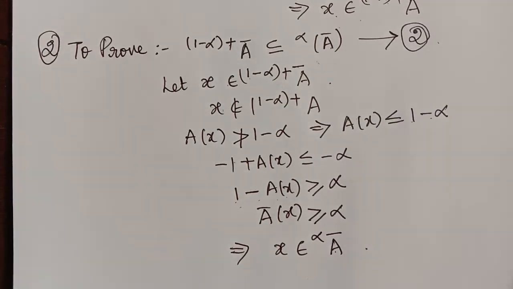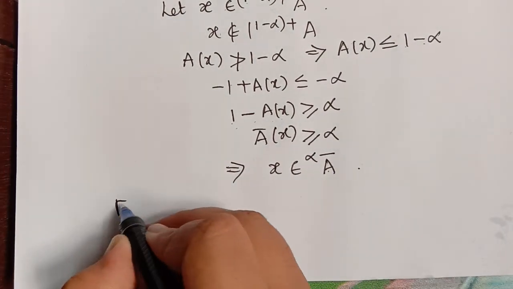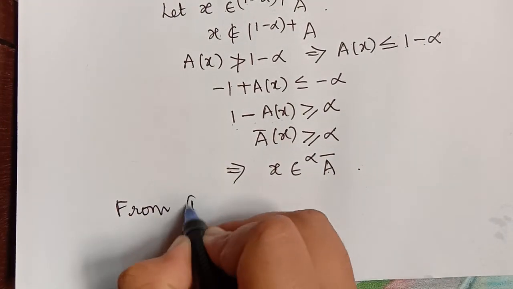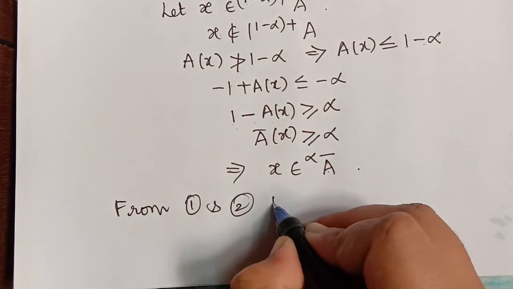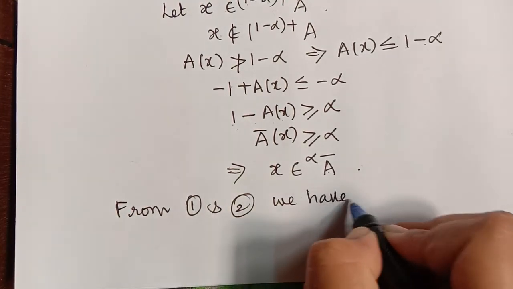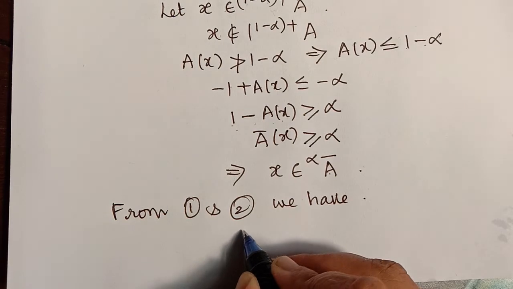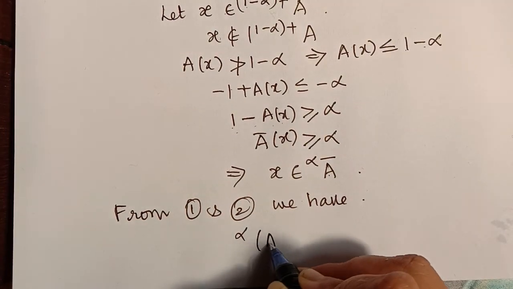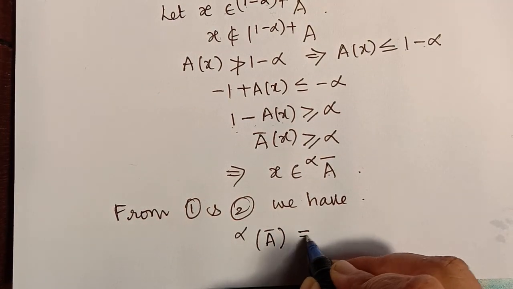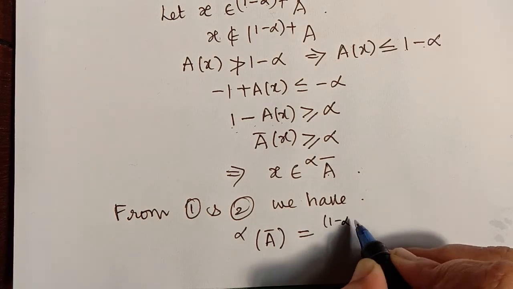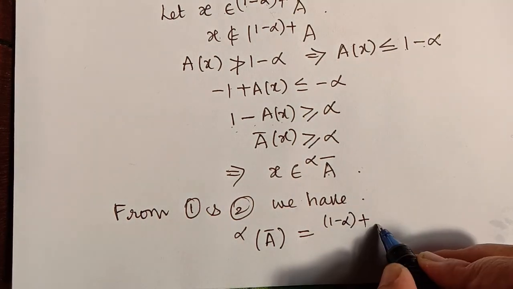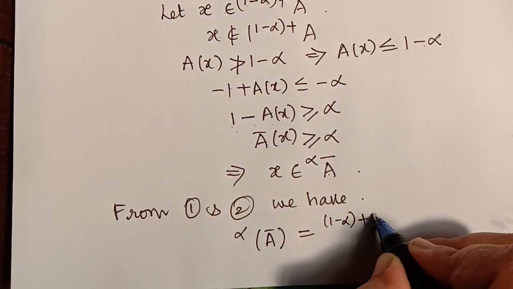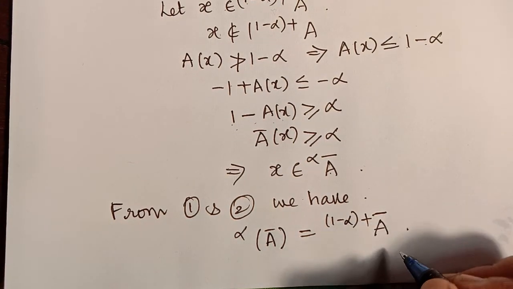So from 1 and 2 we observe that the alpha cut of A complement is equal to the 1 minus alpha strong cut of A complement. So we are done with the proof.